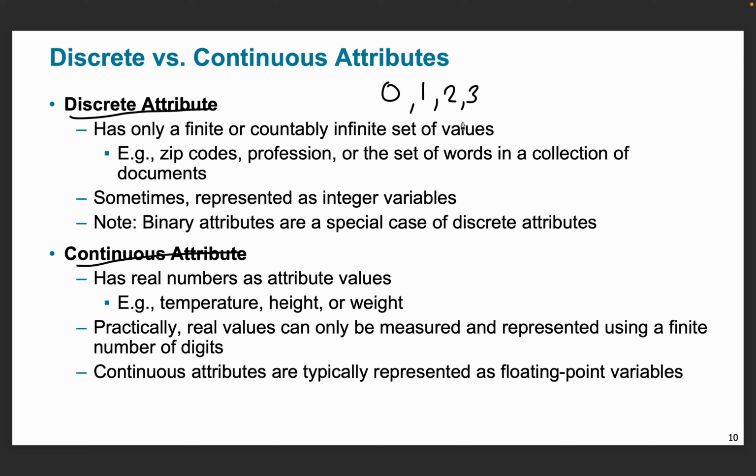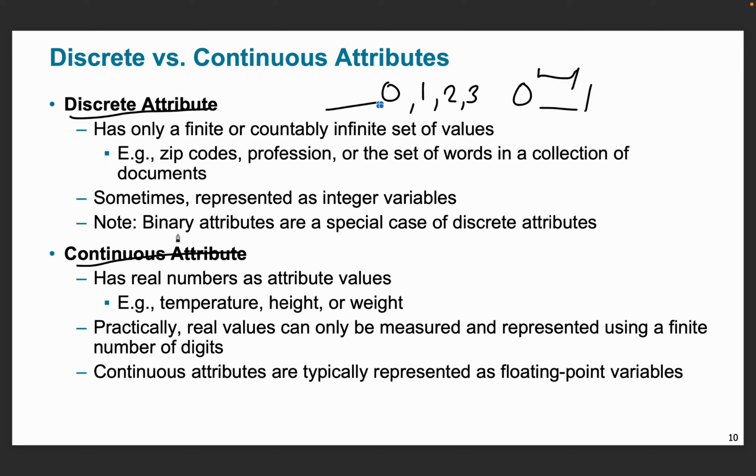There is no value between 0 and 1. There is no continuation of values between two numbers or two categories. Examples are zip code, profession, or the set of words in a collection of data.